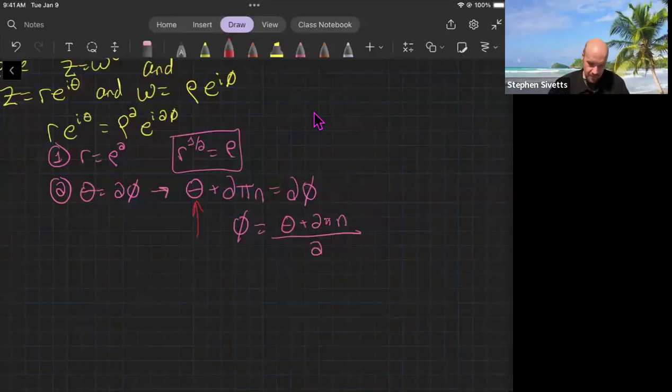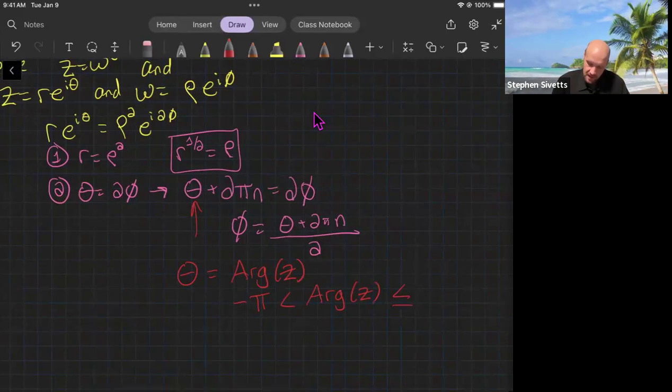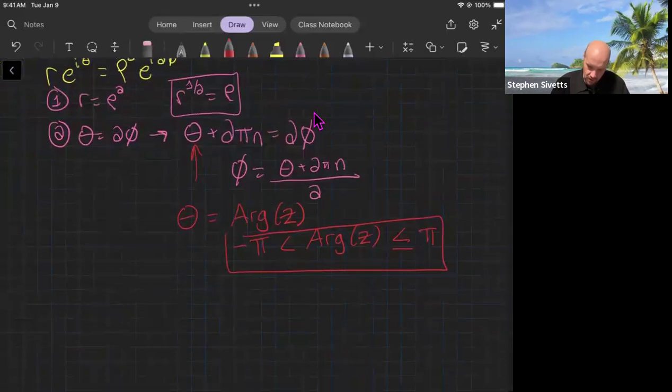So theta has to be the principal argument of z. And as you recall, the principal argument of z is in between minus pi and pi.